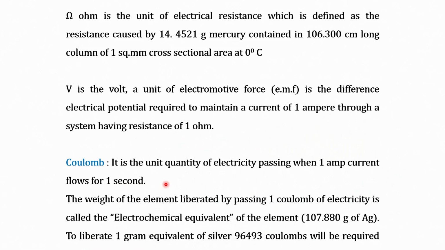It is the unit quantity of electricity passing through when 1 ampere current is flowing for 1 second. So, the weight of the element, what is the job of the current? The job of the current is to reduce the metal, isn't it? So, how much of the element is reduced?